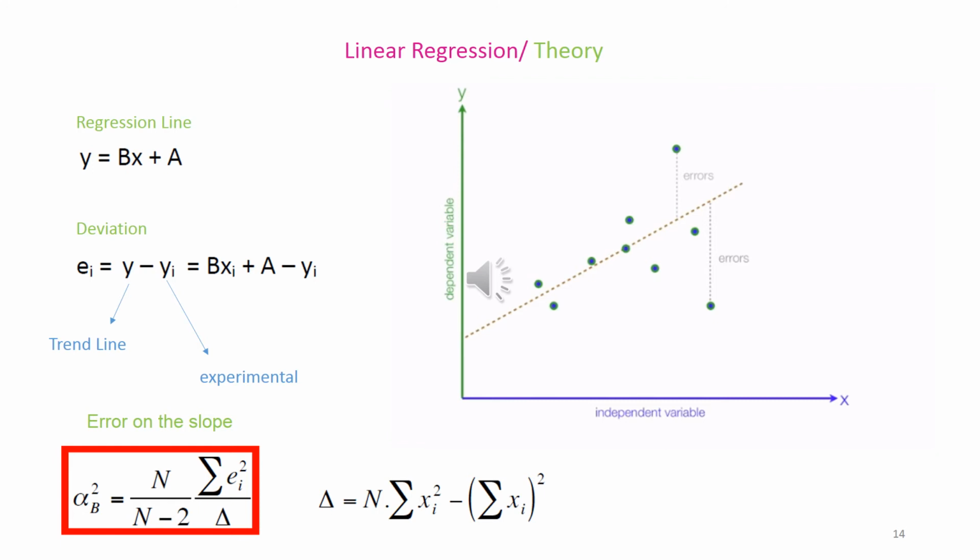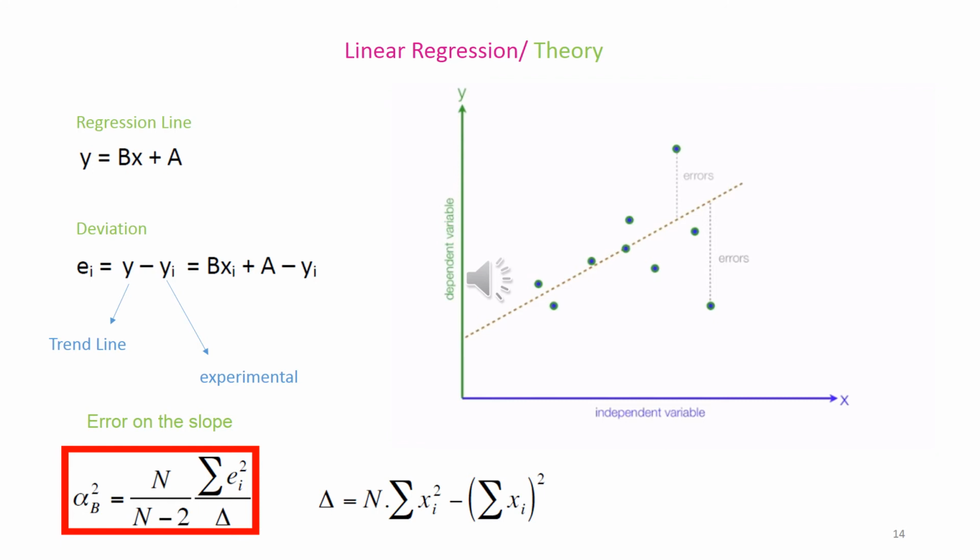So the error on the slope b squared equals n, the number of trials. For example, if you count here how many points I have, 1 2 3 4 5 6 7 8 9, so n is 9, 9 over n minus 2 becomes 7, sum of ei squared. You already have the b and the a from the calculator, so you have the y and the yi from the experimental value so you can find ei easily.